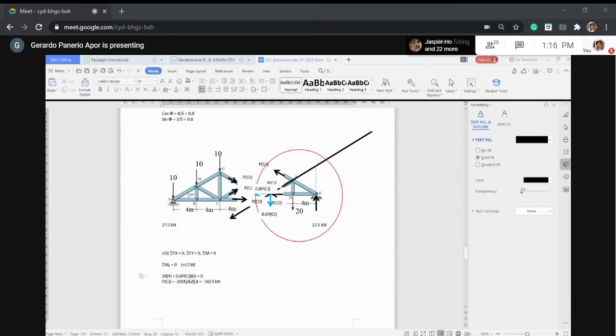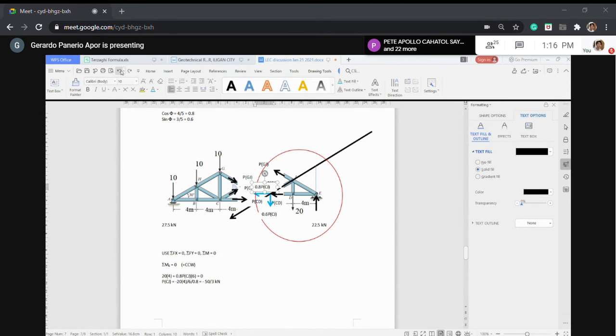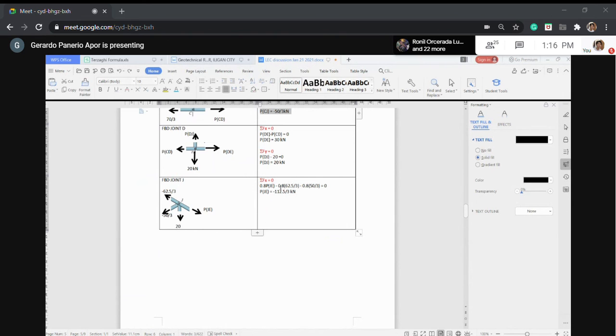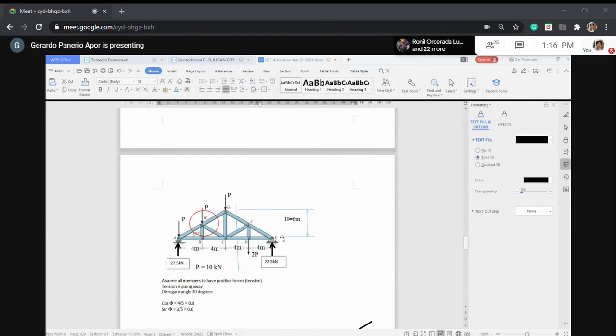But the moment arm, instead of 6, this distance is 8. So this one will be 8, and this one will be 0.6. The same thing will happen. So I'm going back to the original. Okay, so that's it.